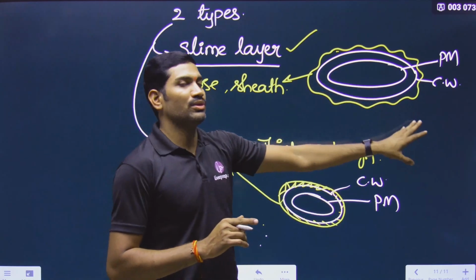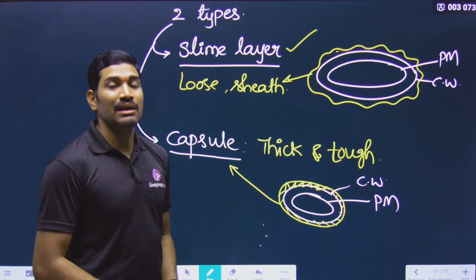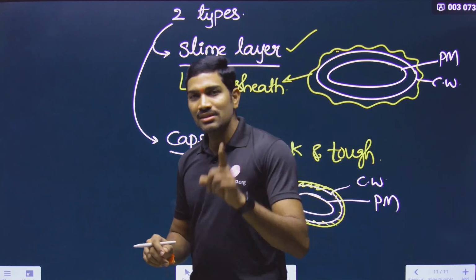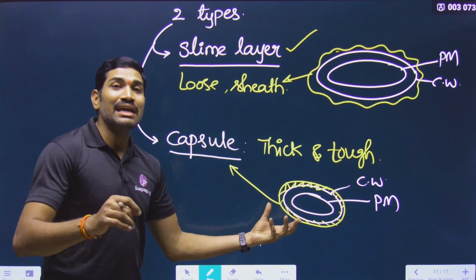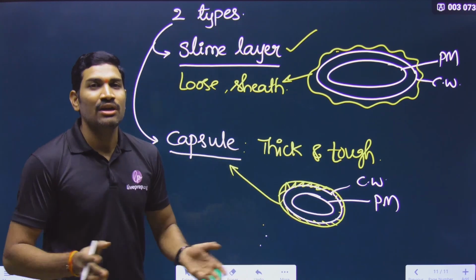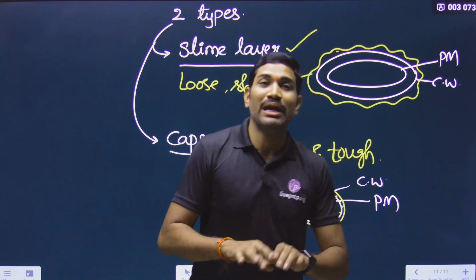Please understand this point. And this capsule is formed in very rare cases. What is the function of this particular capsule? This capsule helps in protection of the bacterium in adverse conditions. Adverse means unfavorable conditions. When conditions are not favorable, there are more chances that bacteria may die.